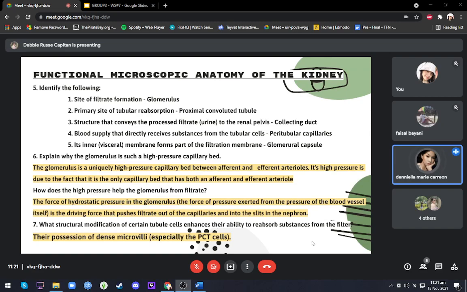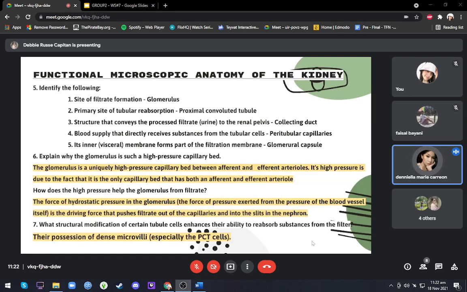How does the high pressure help the glomerulus form filtrate? The force of hydrostatic pressure in the glomerulus, the force exerted by the blood against the vessel itself, is the driving force that pushes filtrate out of the capillaries and into the slits in the nephron.